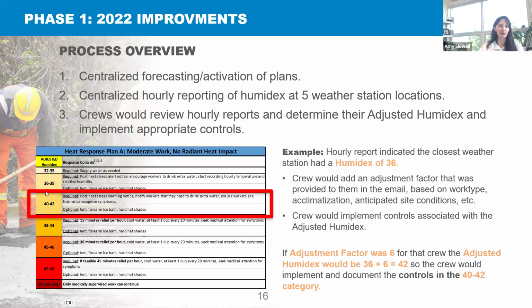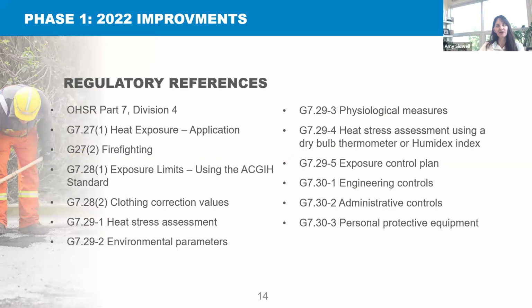And then you'd have this email and say, okay, what you need to do is post a heat stress warning notice, notify workers that they need to drink extra water, ensure they're trained to recognize symptoms, and then they have options for putting their tent up, a forearm ice bath or hard hat shades as well. So it just sends them the email and they look up, add their number to the number that's closest to their location, and then they know what to do.